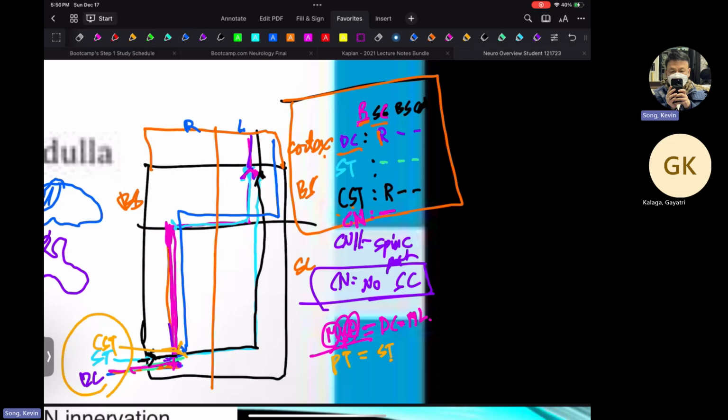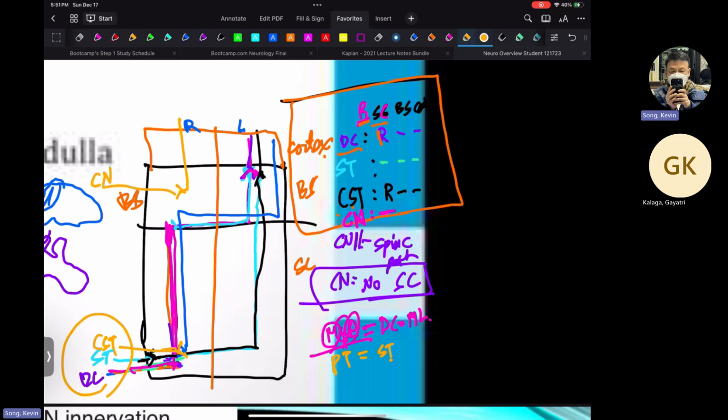If the lesion was right there, then coming out of here, upper motor neuron and then lower motor neuron right there. Okay, let me just draw it here. So here, okay, that's a cranial lobe.